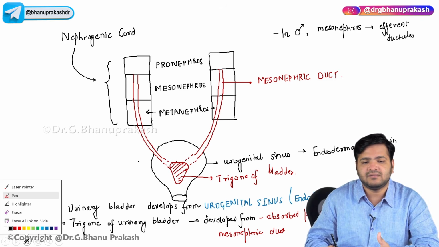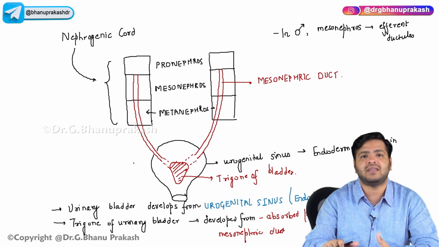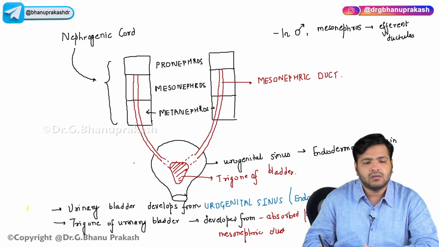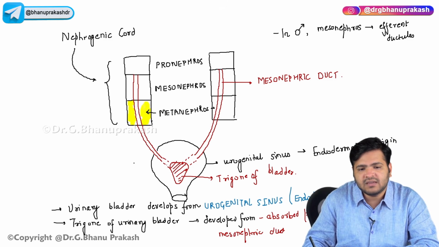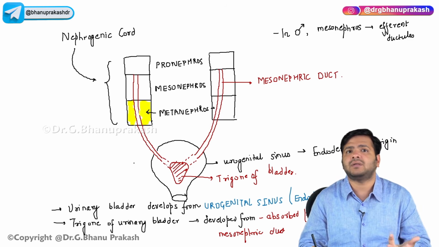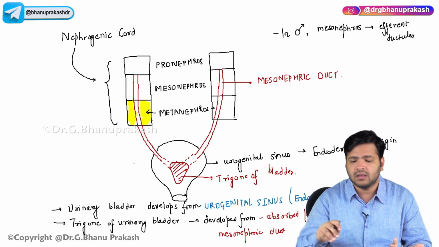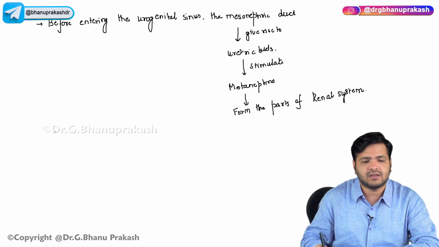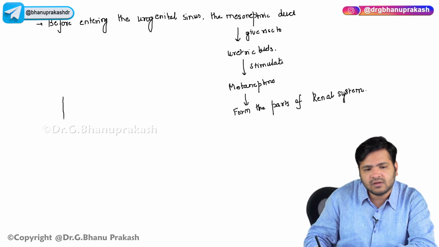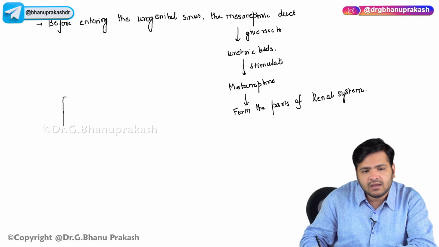So let us just draw this and understand, right? Now, I am taking this particular portion over here, that is the metanephros, as everyone can see. I am taking this portion out from this particular diagram. Now this metanephros is nothing but a part of the nephrogenic cord, right? So let me draw this metanephros for you and the mesonephric duct. So let us suppose this is the metanephros.